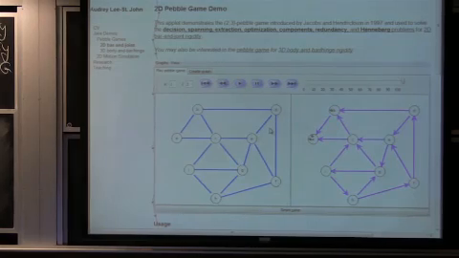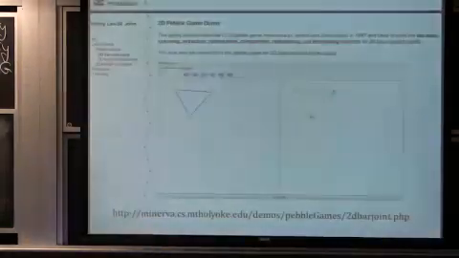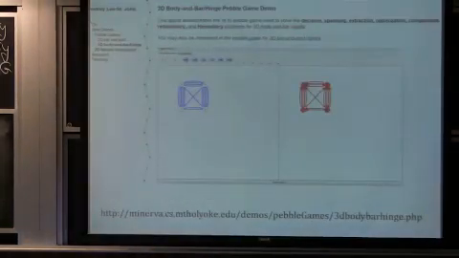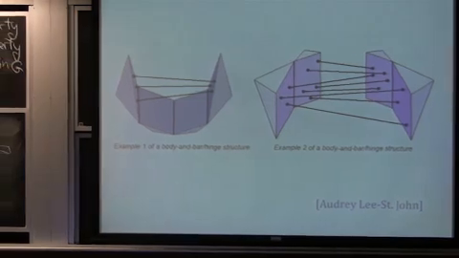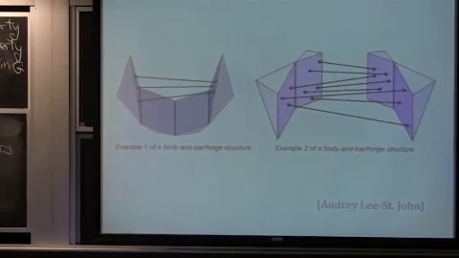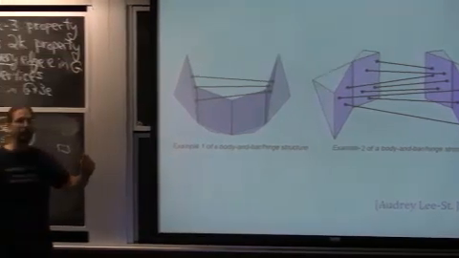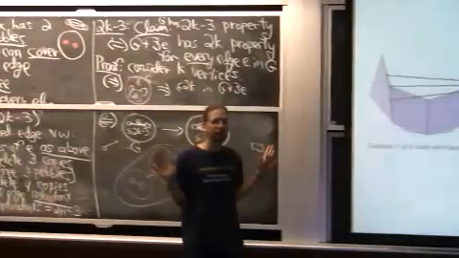For example, so this is that. 3D body and bar. So actually let me show you the kind of scenario we're thinking about. So I mentioned 3D, if we have vertices and bars between them, we don't know how to characterize generic rigidity.